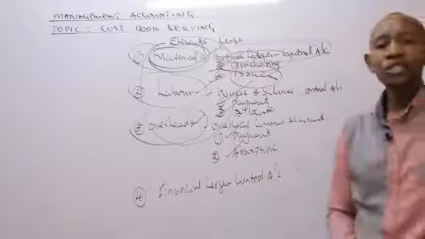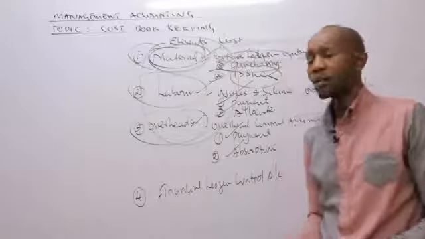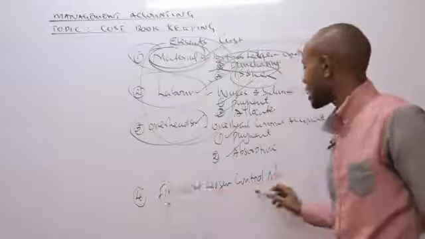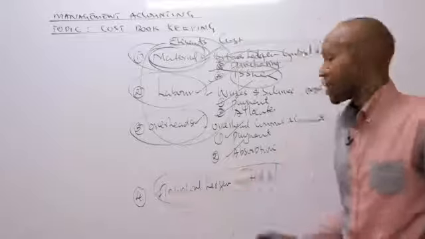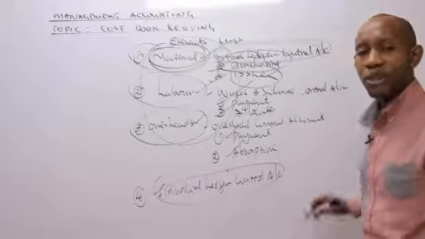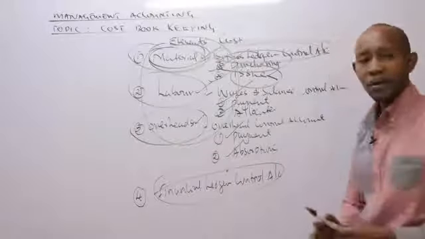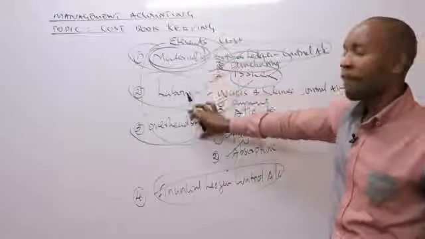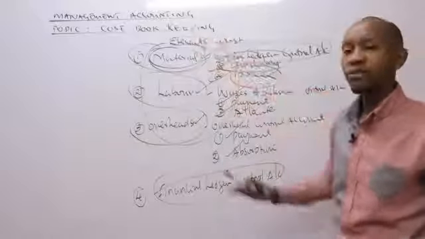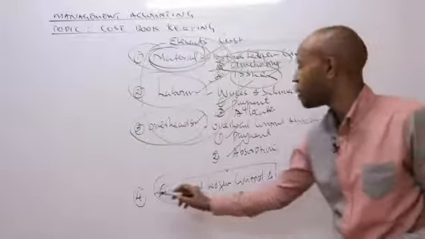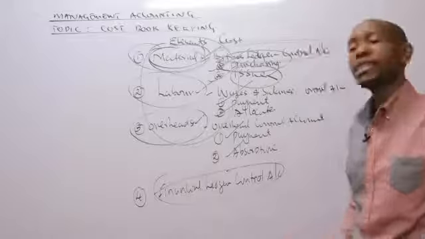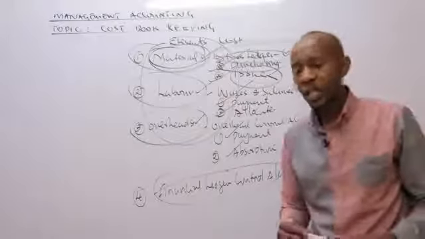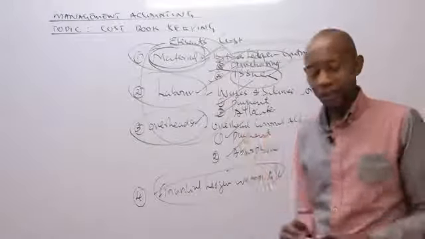The financial ledger control account is now the account that interlocks the financial account with the cost account. So we will have material, labor, overheads, but the double entry for those 3 accounts will be completed in the financial ledger control account.